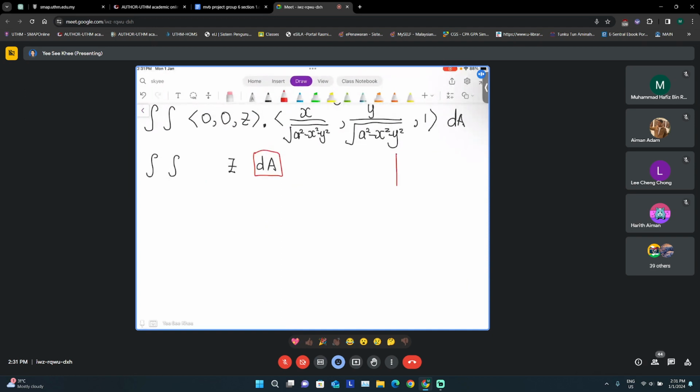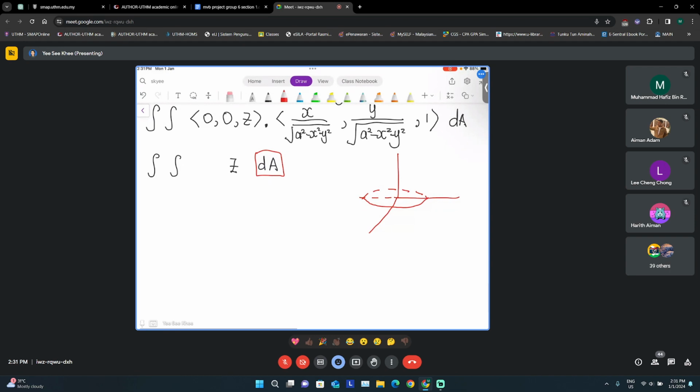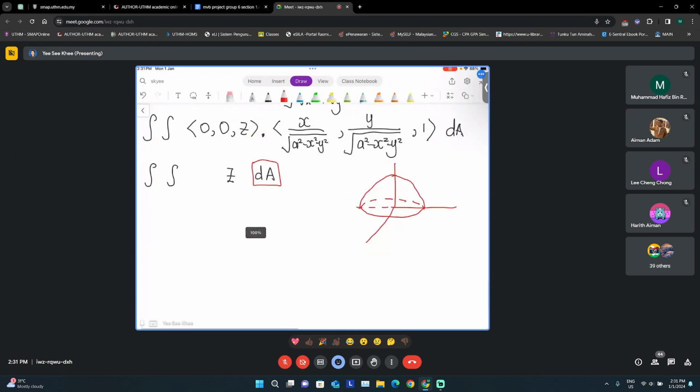The upper hemisphere should look like this, and this is a.